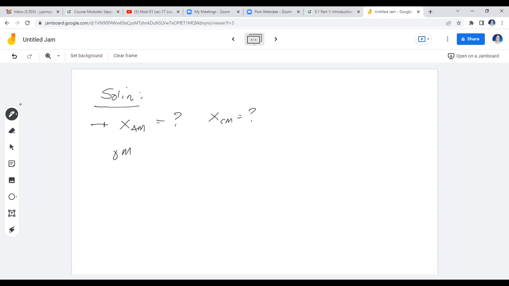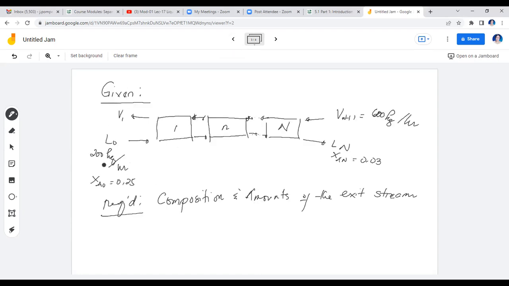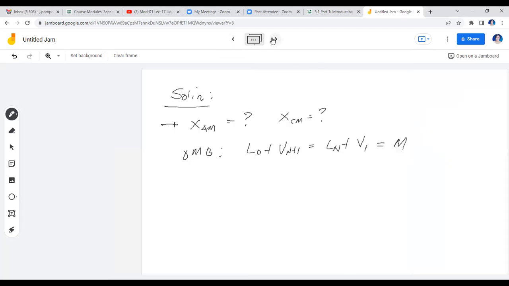Overall material balance tells us that L sub O plus V sub N plus 1 should be equal to L sub N plus V sub 1, because we're now talking about a multi-stage system, which is also equal to M. Now, in our problem, our feed is 200, our solvent is 600.